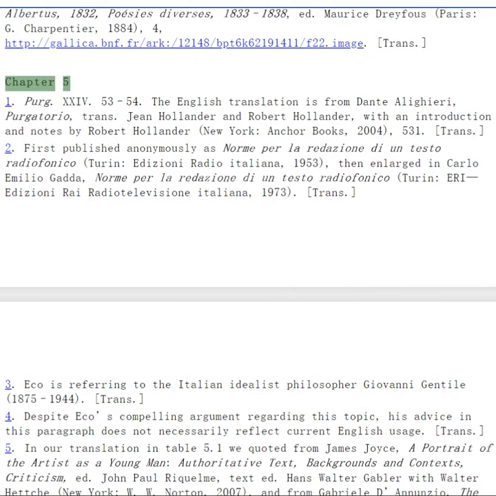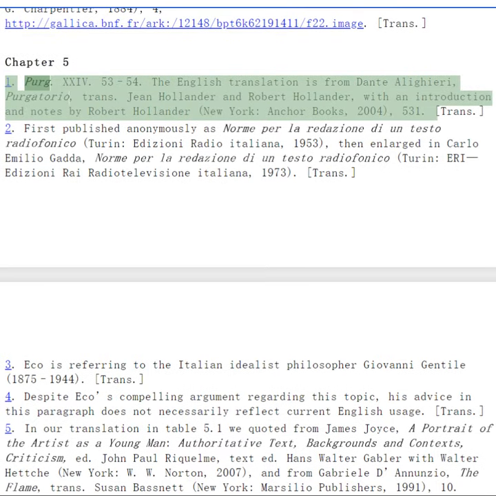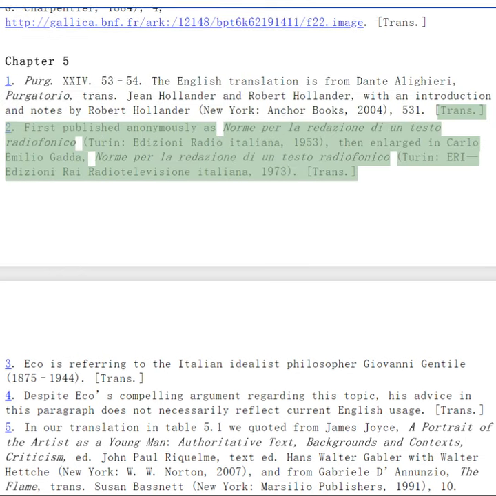Chapter 5. 1. Purg. XXXIV, 53-54. The English translation is from Dante Alighieri, Purgatorio, trans. Jean Hollander and Robert Hollander, with an introduction and notes by Robert Hollander, 531. 2.